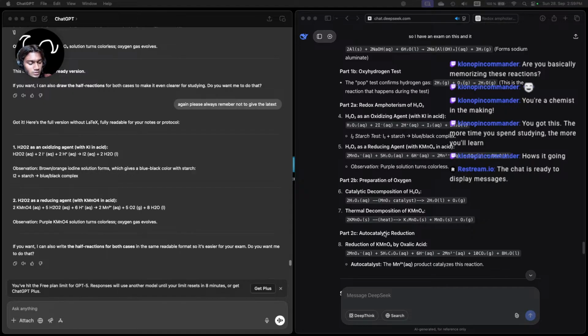But the thermal decomposition of potassium permanganate gives K2MnO4. Wow, what is that? K2MnO4. No way.